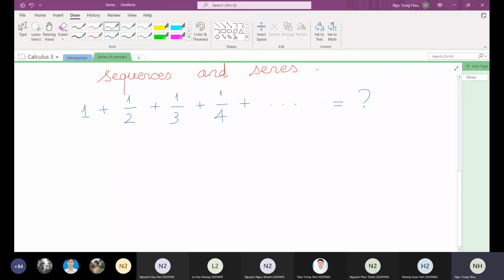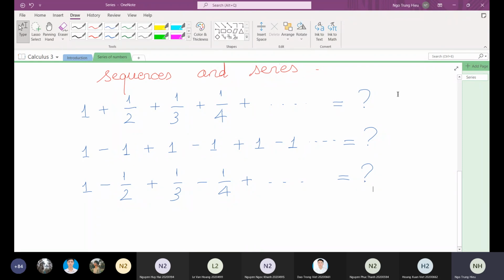What is it equal to? And we have questions like 1 minus 1 plus 1 minus 1 plus 1 minus 1 and so on. What is it? And we have things like 1 minus 1/2 plus 1/3 minus 1/4 and so on. What is it?